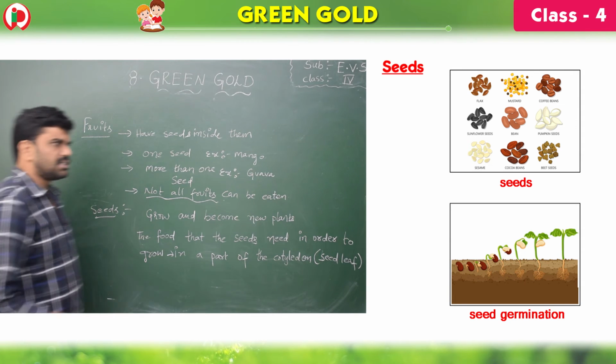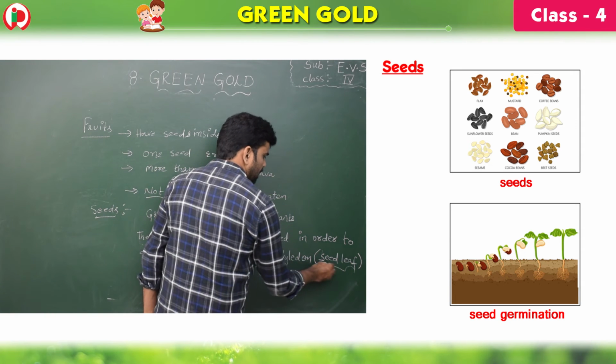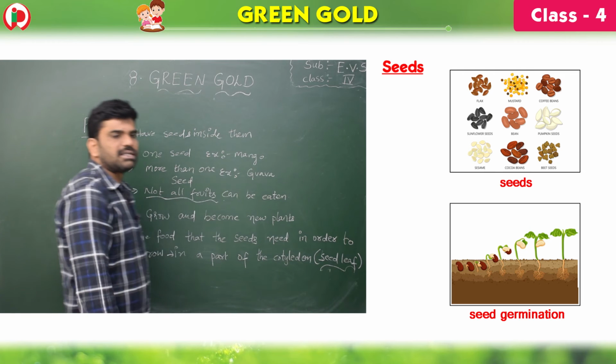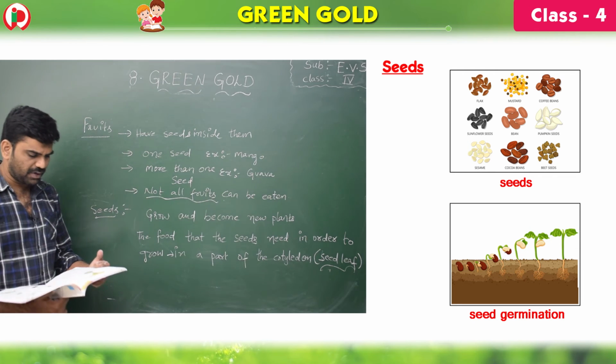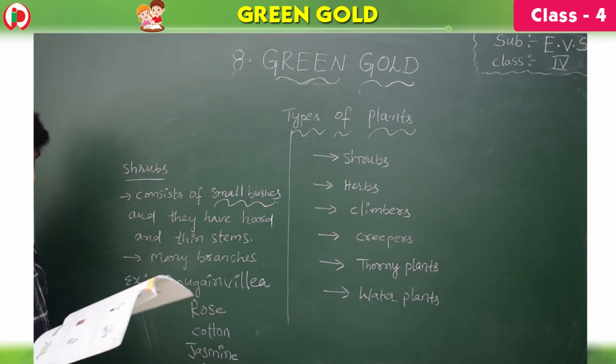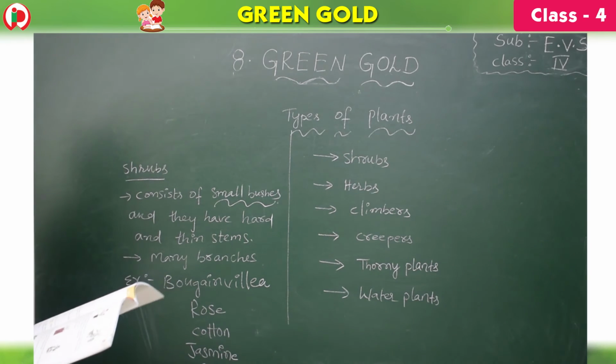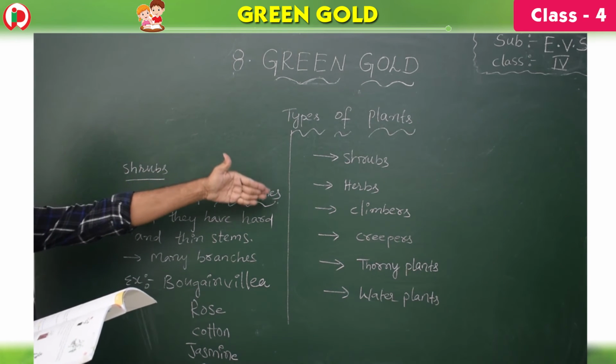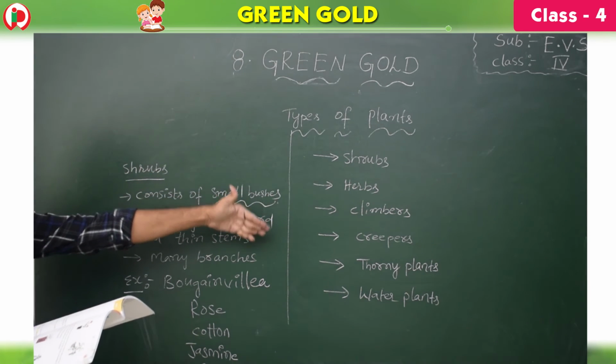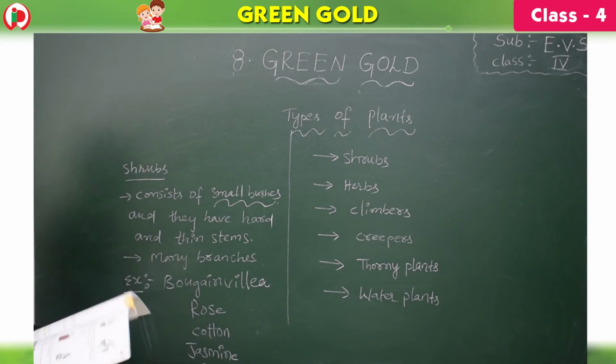Cotyledon means seed leaf, children. Cotyledon means seed leaf. What is cotyledon? Seed leaf. Okay. Children, now see the types of plants: shrubs, herbs, climbers, creepers, thorny plants, water plants.